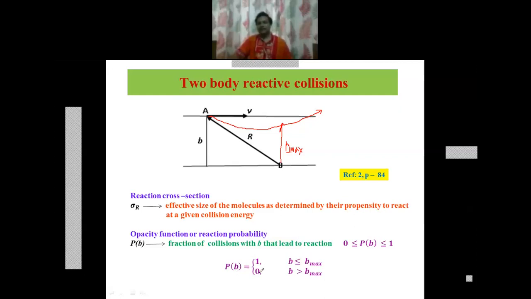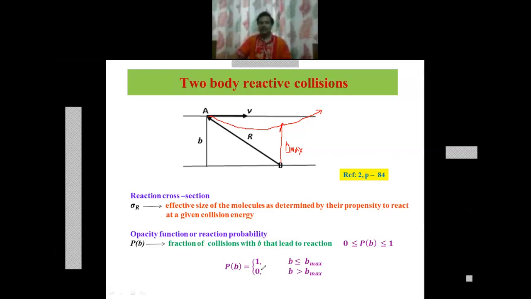The probability we assume is like this: if b is greater than b max, then the reaction is not going to take place and the probability is going to be 0.